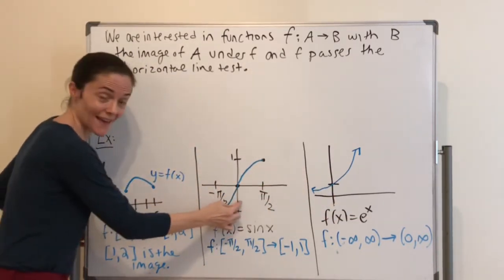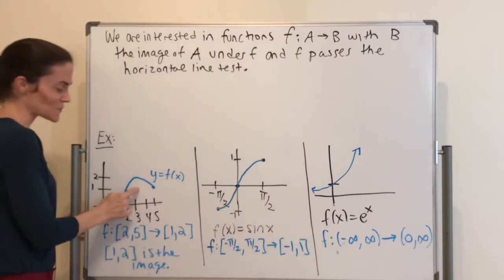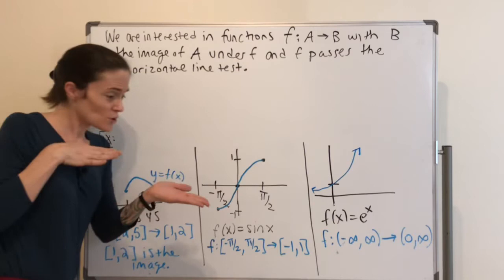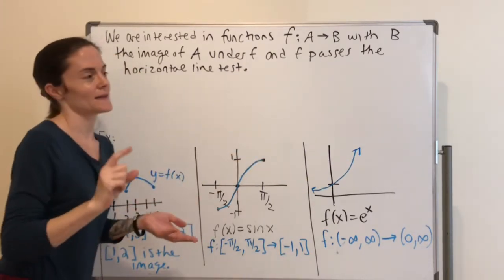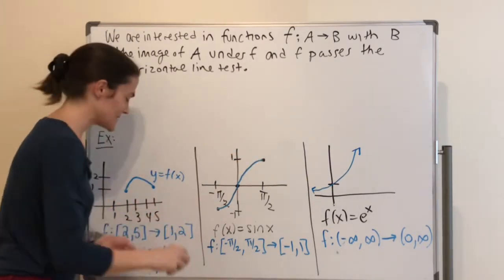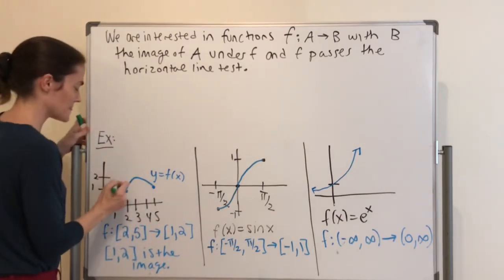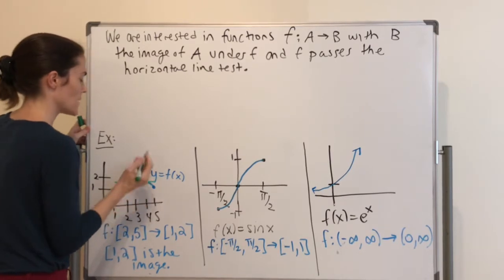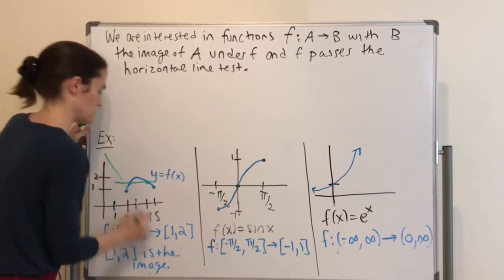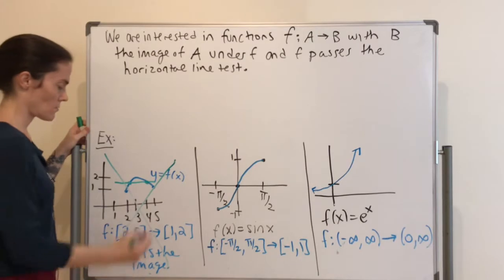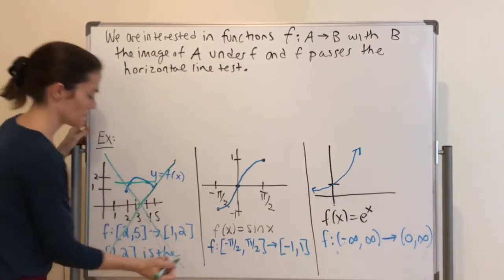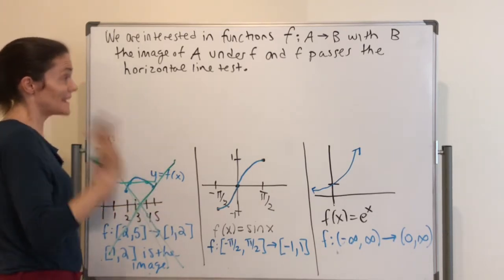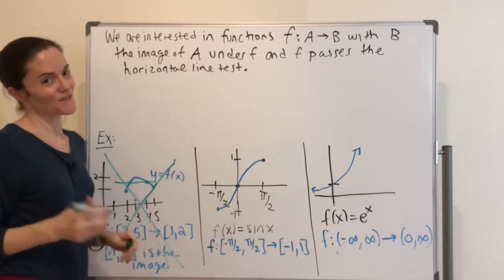And then I want it to pass a horizontal line test. So this one's okay, this one's okay, but not this one. The horizontal line test says that no horizontal line can pass through the graph more than one time. Here, a horizontal line passes through in two places. This is not one that we would consider for the inverse function theorem.